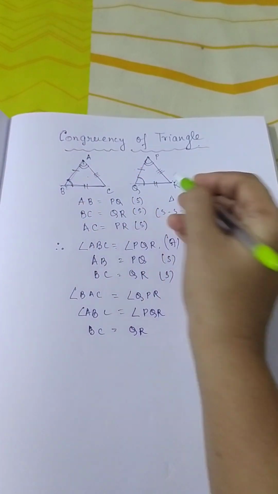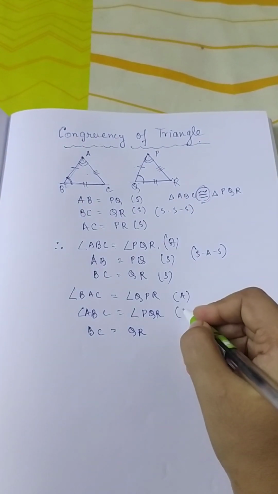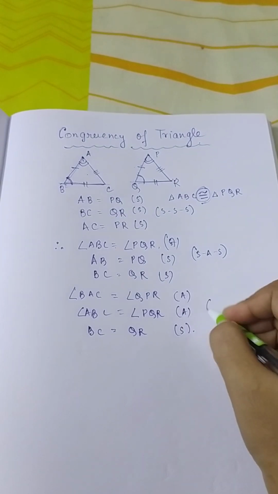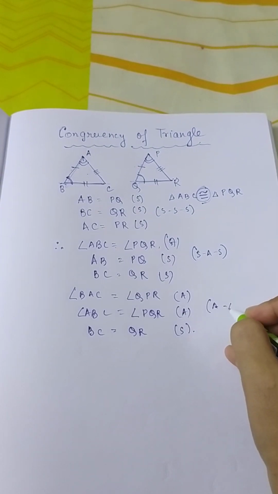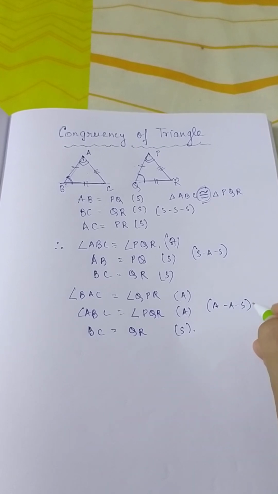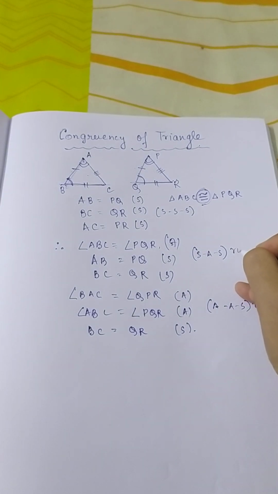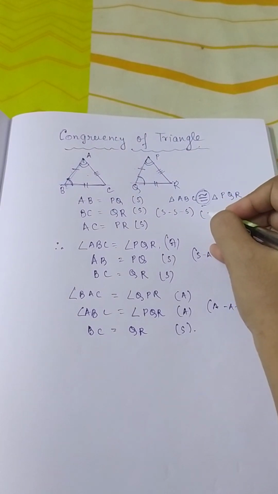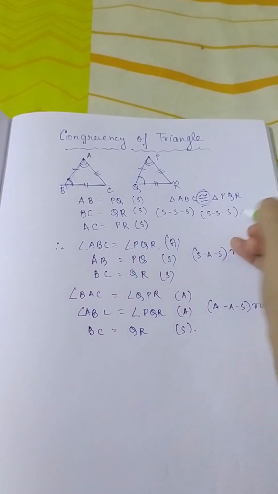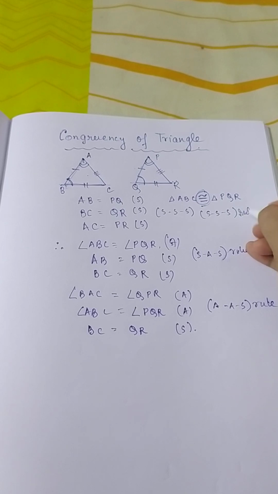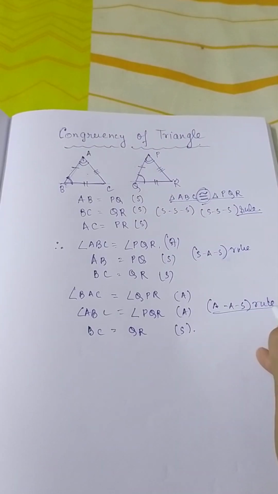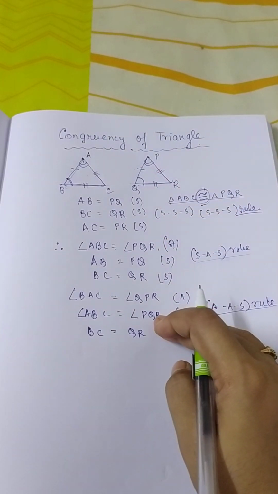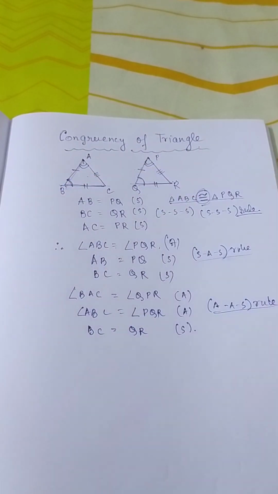Then angle, angle, side, here also the AAS rule applies. So here also we can say that these two triangles are congruent. So these are the three criteria, these are the three rules in this type of triangle.